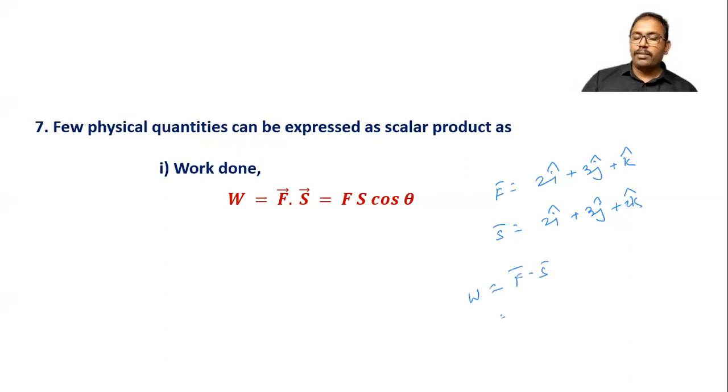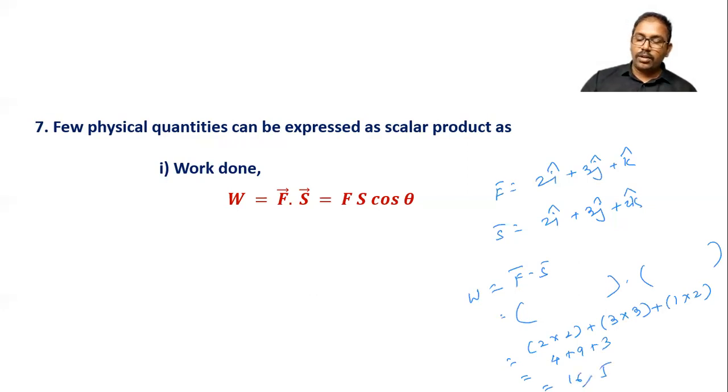Multiply the î components: 2 into 2, plus 3 into 3, plus 1 into 2. Then it is 4 plus 9 plus 3. So it is 12 plus 4, which is 16. So 16 joule is the work done. In this way you can find the work done.